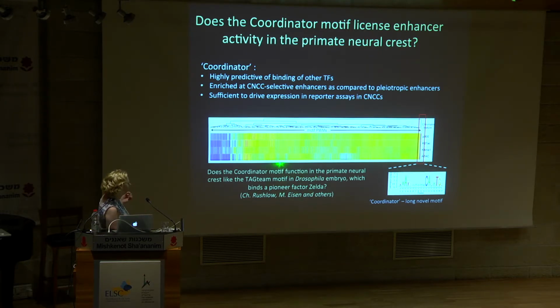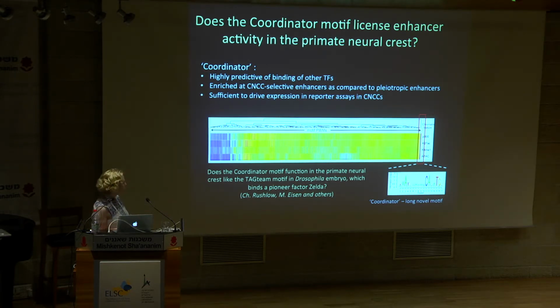binds the pioneer factor Zelda, which then brings together multiple chromatin activating activities and essentially licenses enhancers for activation in early Drosophila development.